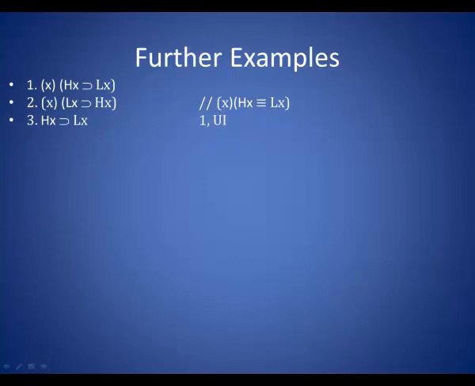On line 3, I'll UI line 1, because remember, I can universally instantiate lines that are governed by a universal quantifier. Line 1 is completely governed by a universal quantifier, so I can remove my quantifier and replace my variables with another variable, or I can keep the same variable as I did in this case, or I can change that variable to a constant.